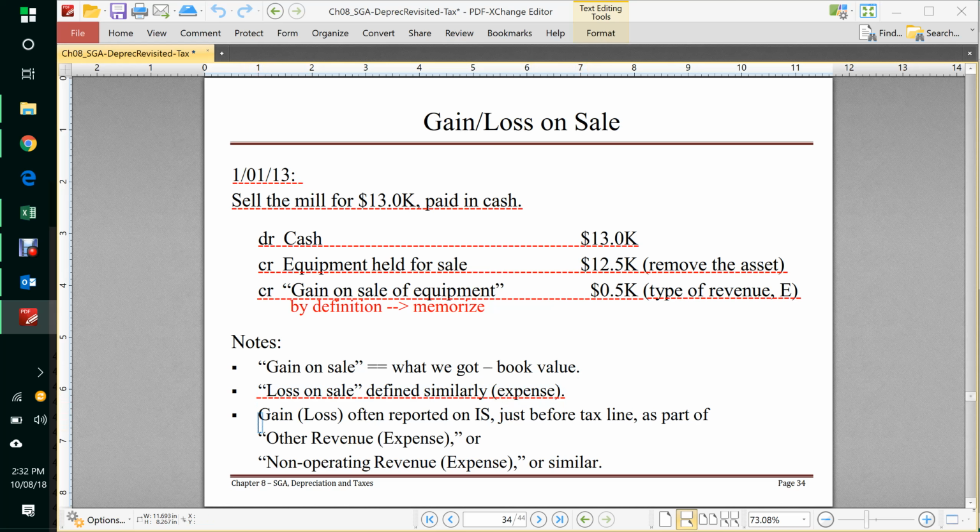Another thing we need to know about this, by definition, this is important: gain or loss on sale are reported just above our tax line if we have a tax line. For REITs and LLCs, we probably don't. And it's going to go under a little subheading that says something like other revenue (expense). Expense in parentheses here means this would be a negative number. Other revenue would be a positive number.